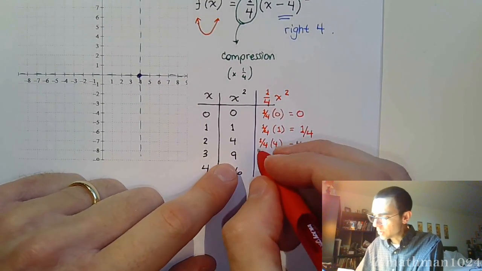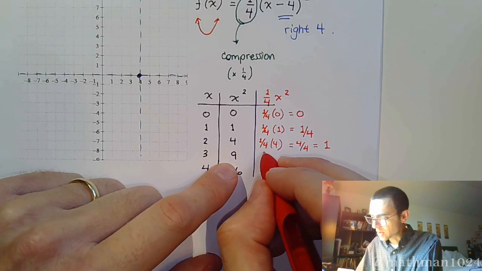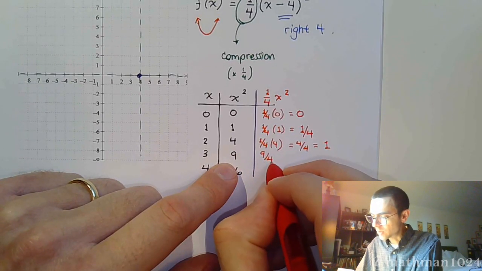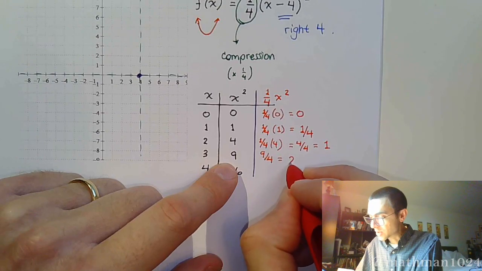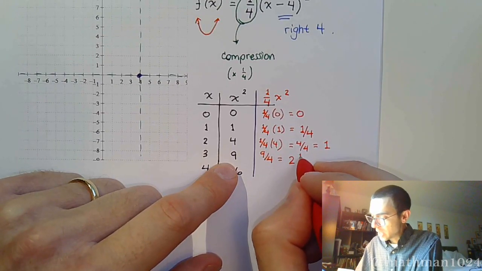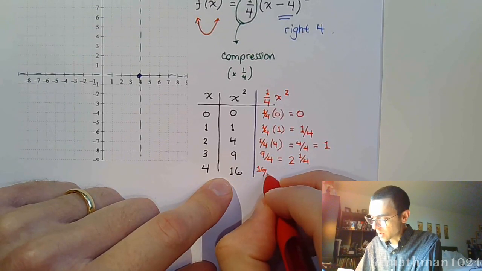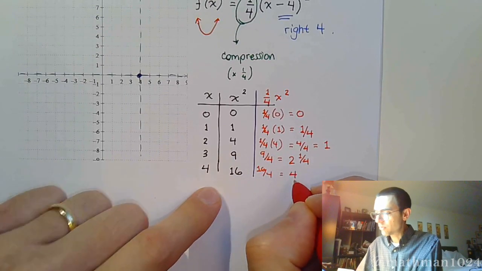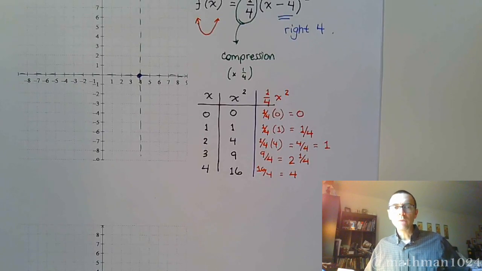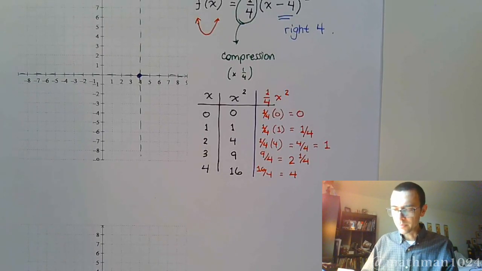We do the same thing here; you're just taking these and dividing them by 4. So 9 over 4 as a mixed number so that we can graph it well is 2 1/4. 16 over 4 gives me 4. So you see we're taking all of those outputs and dividing them by 4.